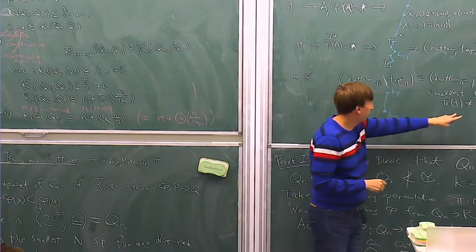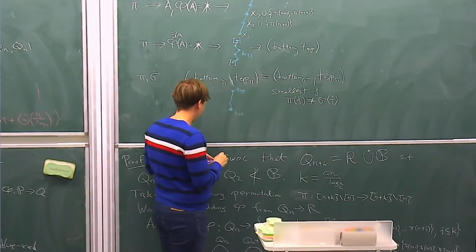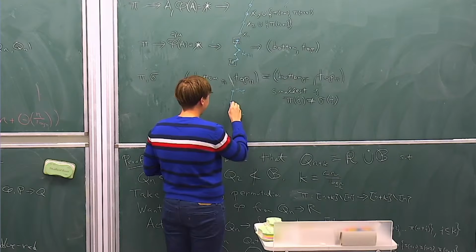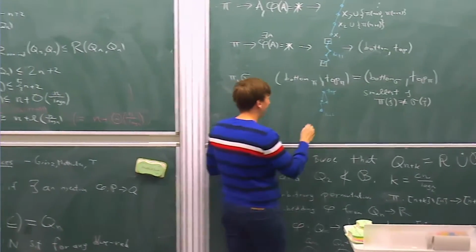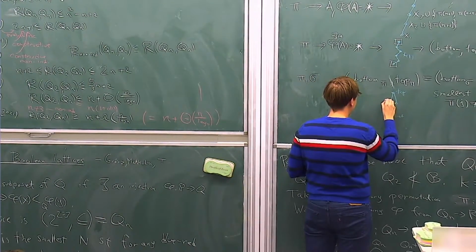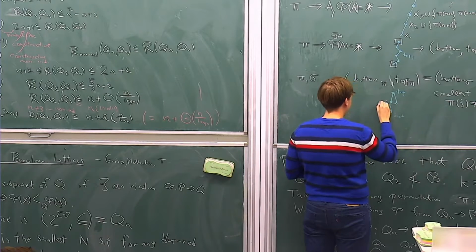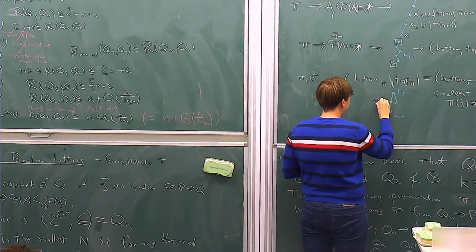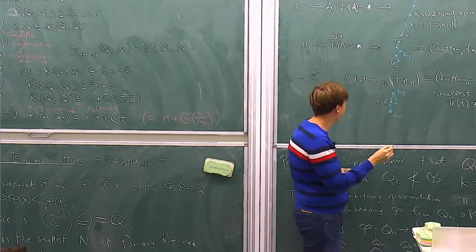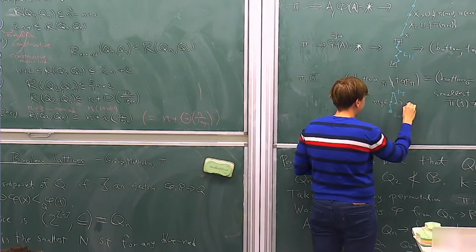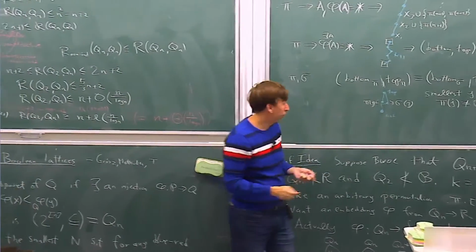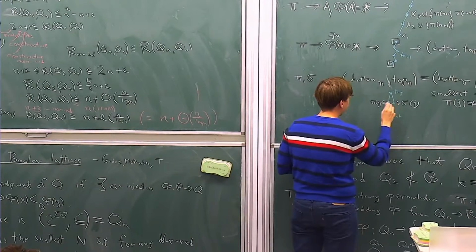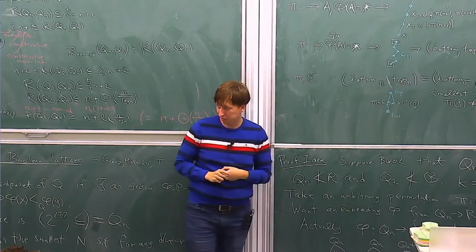So maybe the chains agree for a while, but definitely we will have sets where along one of the chains, the jth element contains pi j and not sigma j, and the other one contains sigma j and not pi j, right? So these two sets along the permutation will have to be incomparable, okay?